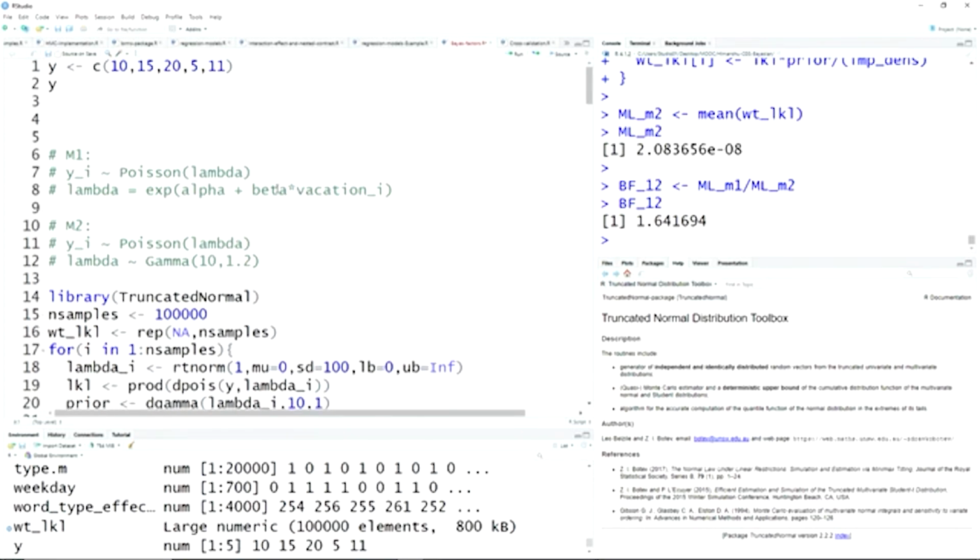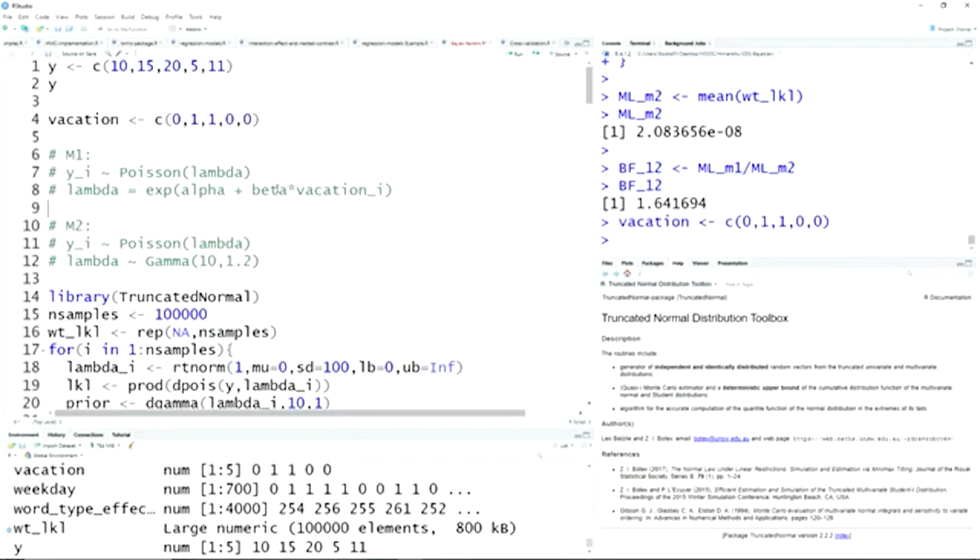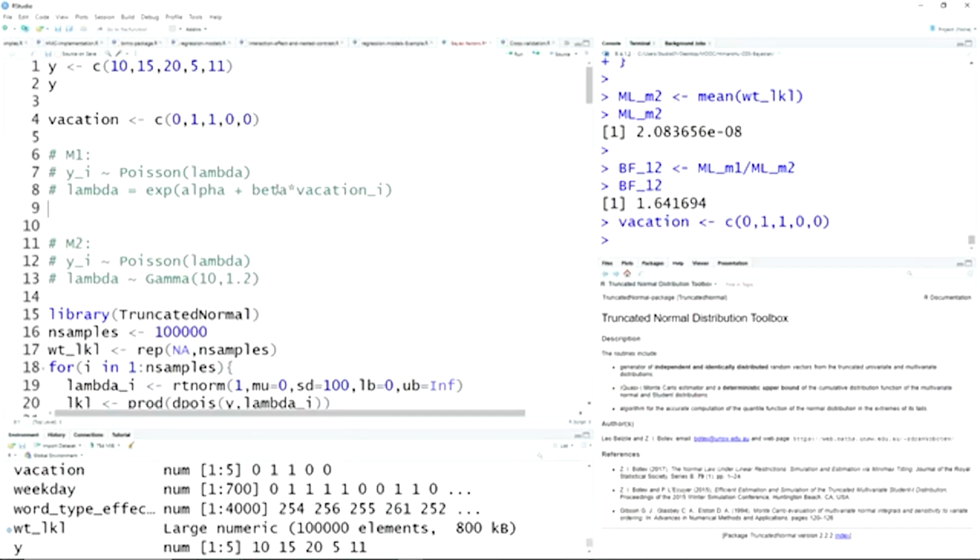So we can write it like this. We can create an independent variable, vacation, which has values like 0 1 1 0 0 for 5 days. This is what model 1 assumes, that lambda, the rate of road accidents, depends on whether it is a vacation day or not.